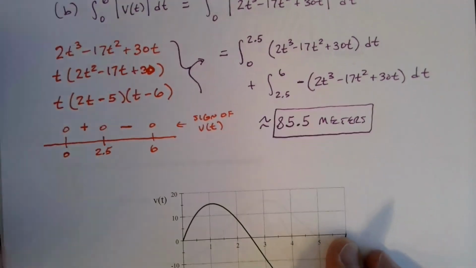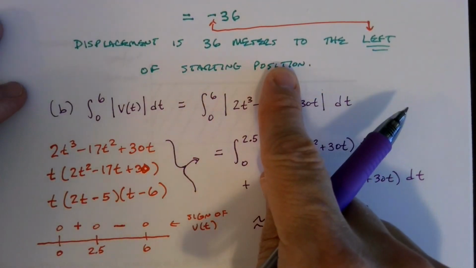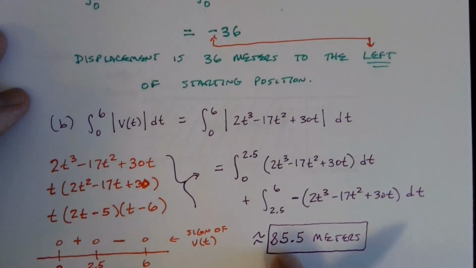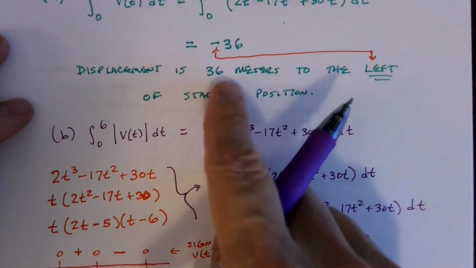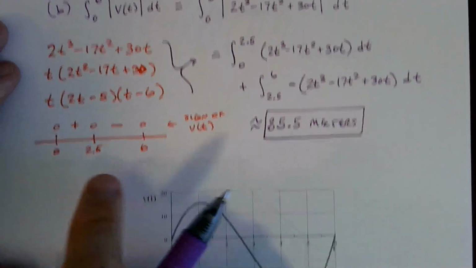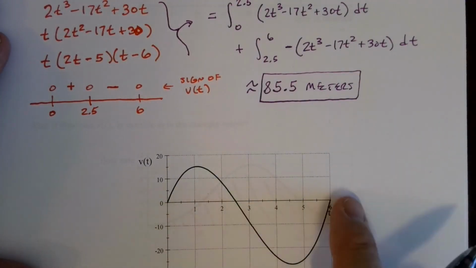Just to close, I want to show you. By the way, notice that in those 6 seconds, this total distance, 85.5 meters, is our distance traveled, but we ended up just 36 meters to the left of our starting position. And that's because why? Here's a graph of the function, which we said was positive from 0 to 2.5, and then from 2.5 to 6 it's negative.